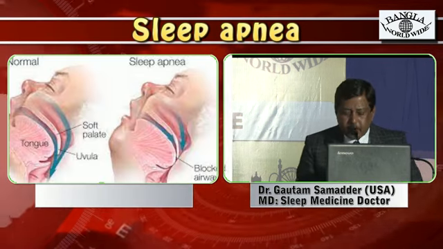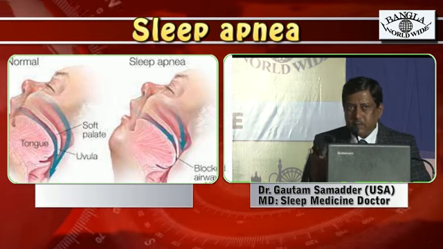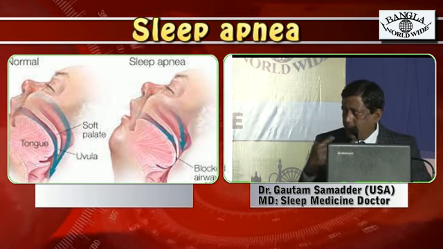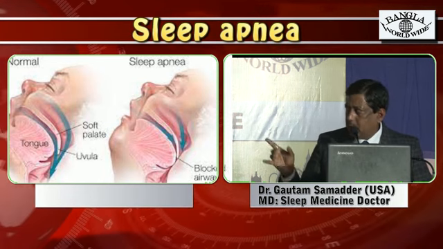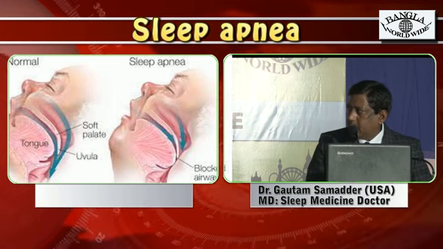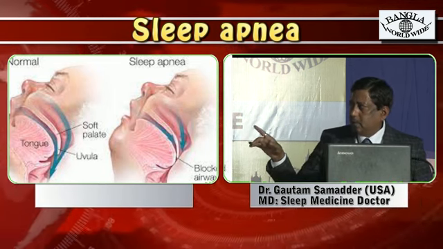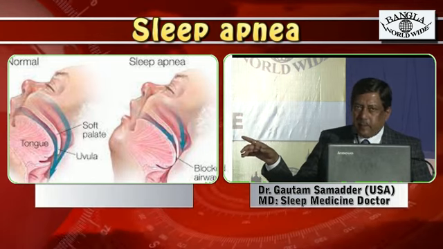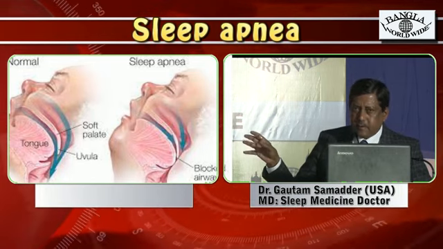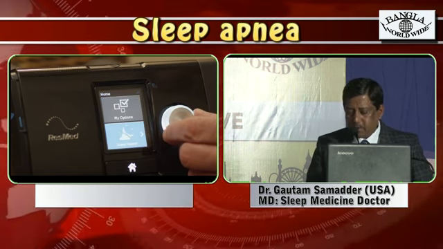So the gold standard treatment for sleep apnea for many years, first it was tracheostomy, but now we are using CPAP. The C stands for continuous, P stands for positive, airway pressure. So this is a patient who is sleeping with this, and you can see there is a big mask covering the nose and the mouth, and it is connected to a machine called CPAP.